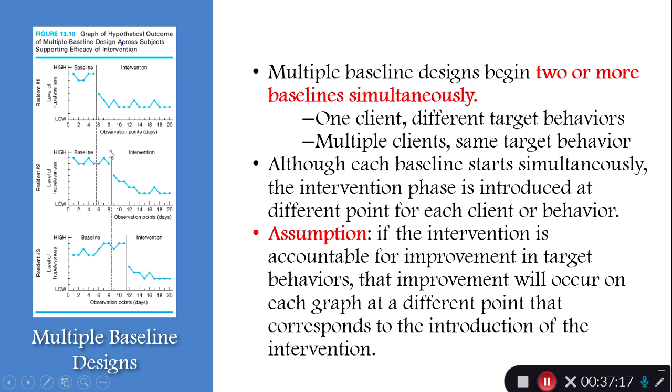So it doesn't matter when we start the baseline. If the intervention is effective and working, the effectiveness of that intervention is only going to kick in once we introduce the intervention. So we're going to see improvement or change in the trend line only after the intervention is introduced, regardless of when it's introduced, right? So that's the underlying assumption with this particular design.